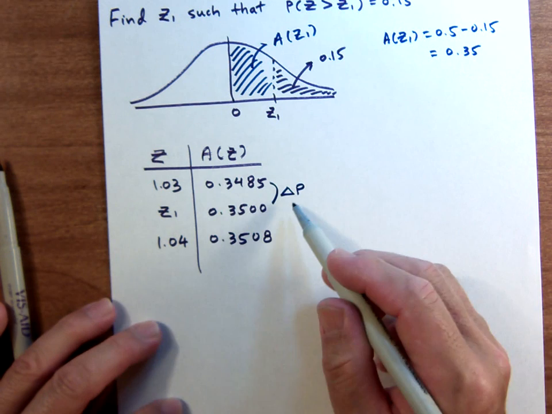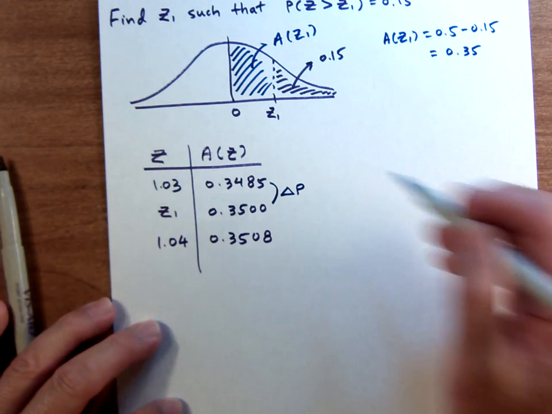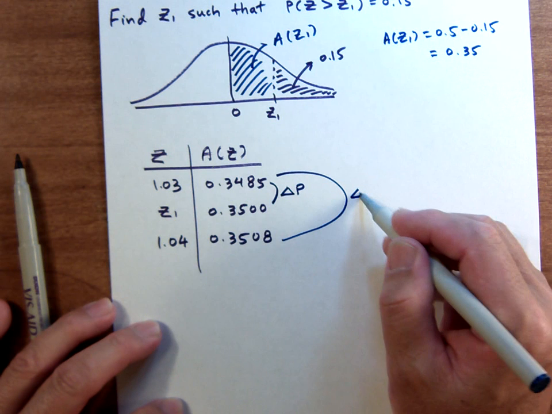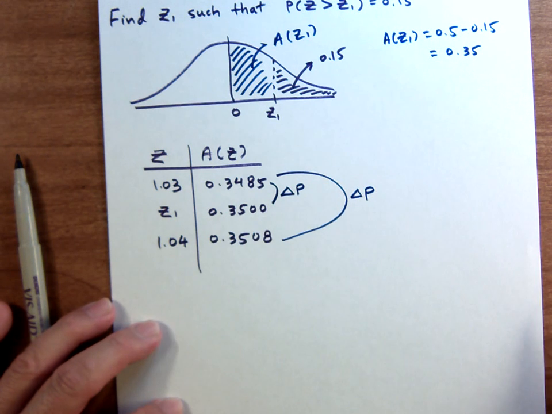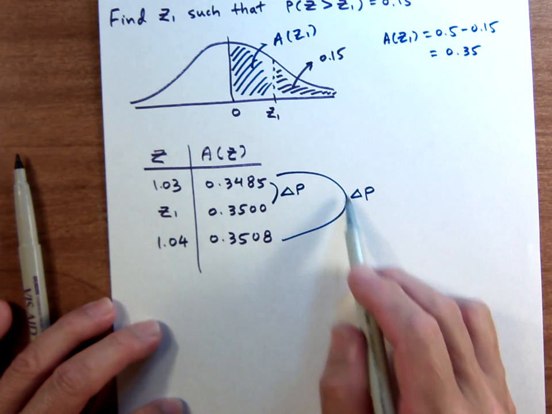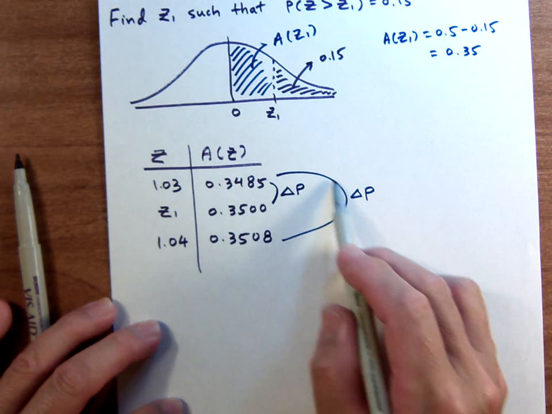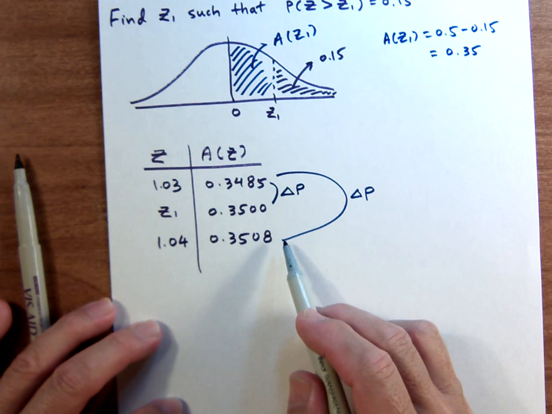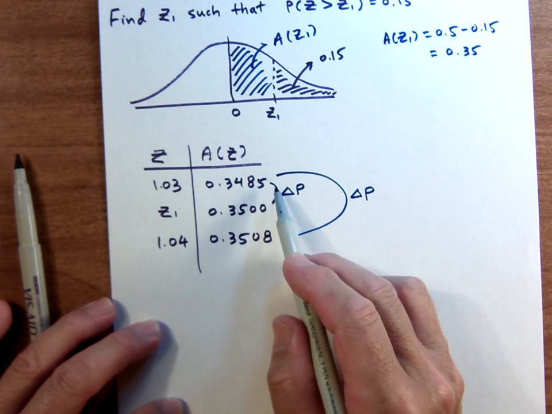I could have used change in A, but I'm going to use p. And there's also this difference. That's also a difference in p, but I need to distinguish between these two. I'm going to call this the big change in P, and this the small change in p.